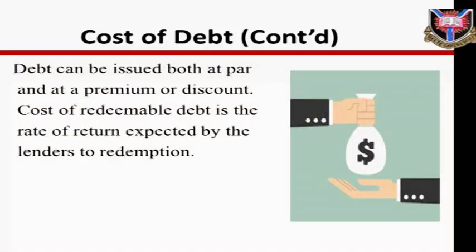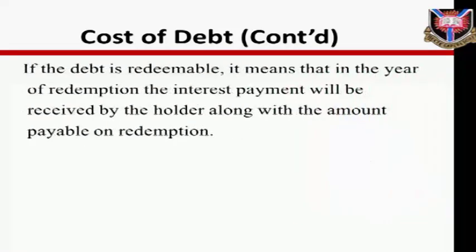Debt can be issued at par, at a premium or at a discount. Cost of redeemable debt is the rate of return expected by the lenders to redemption. If the debt is redeemable, it means that in the year of redemption, the interest payment will be received by the holder along with the amount payable.